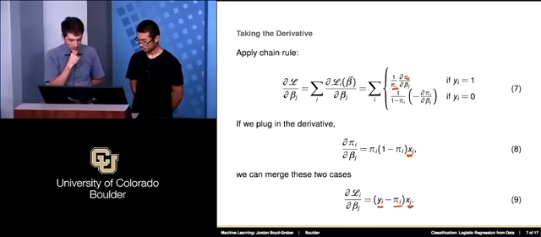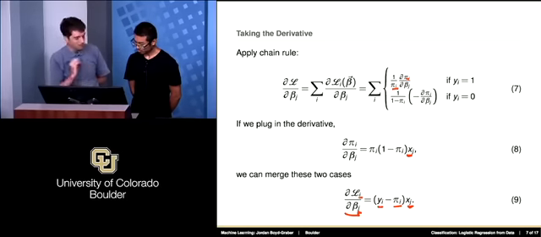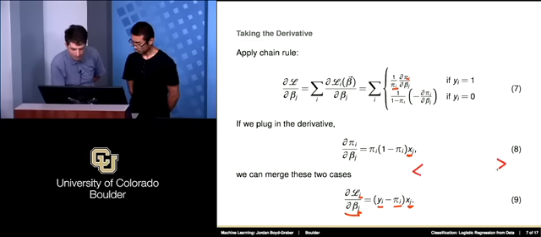Okay, and just to make this absolutely clear, this is a gradient. So there's going to be a j for every feature and an i for every example. So the overall gradient is going to have something for every feature.